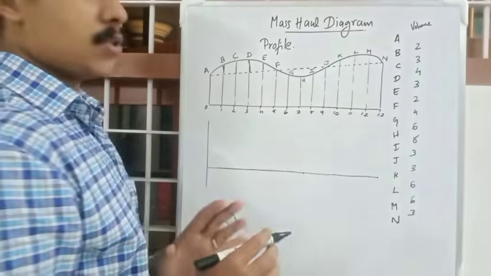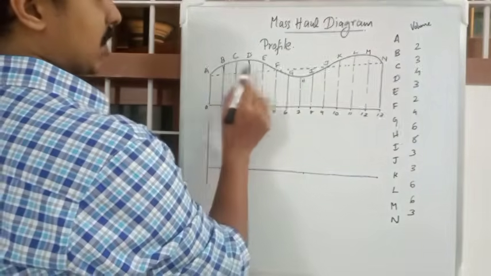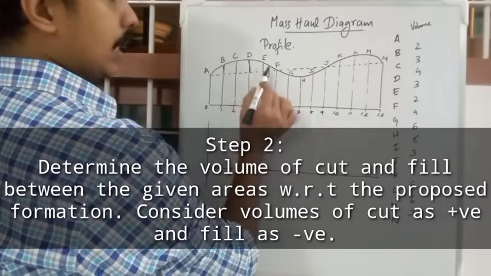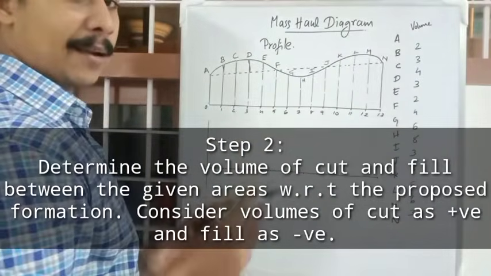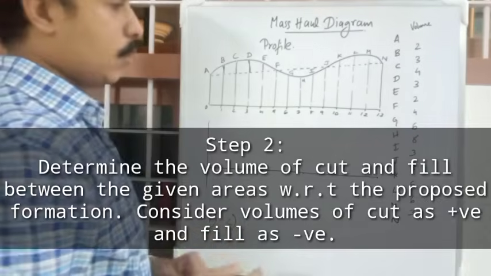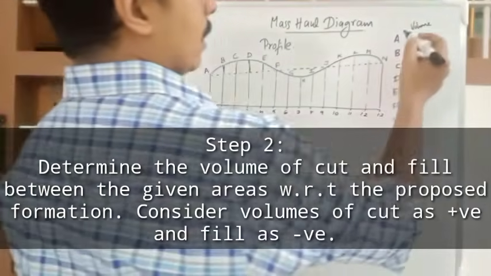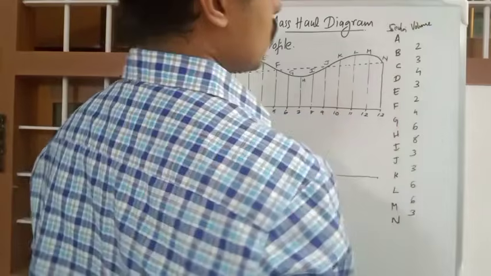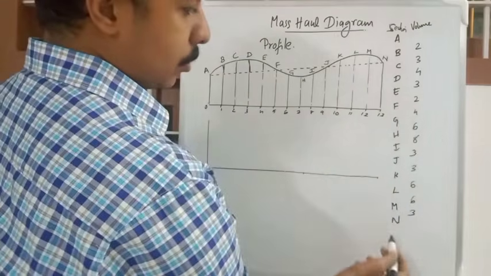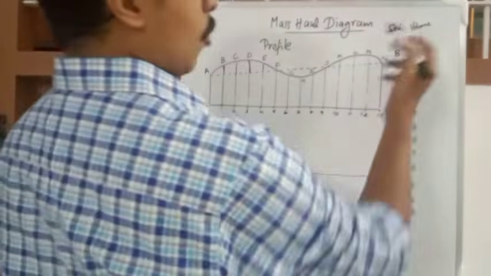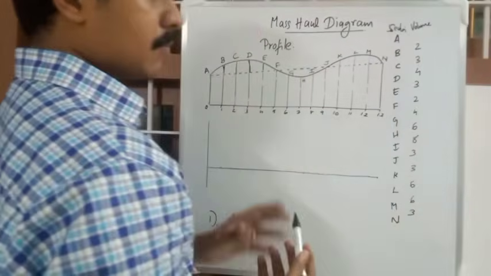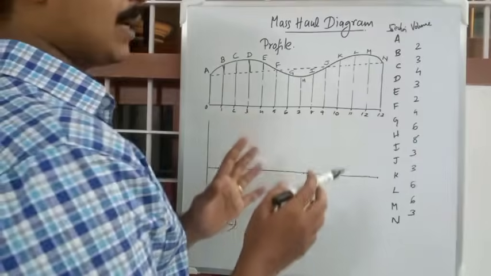The second step is to calculate the volumes of each section: A to B, B to C, C to D, D to E, E to F, etc. So we have a table with sections A, B, C, D to N, and volumes. I have written arbitrary values for our calculation purposes.